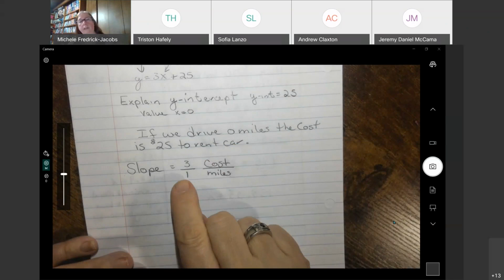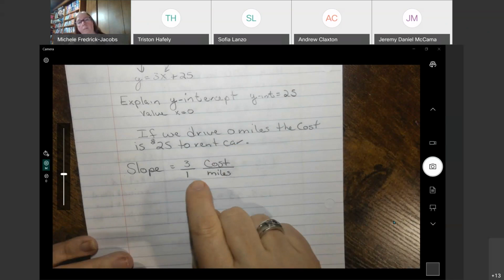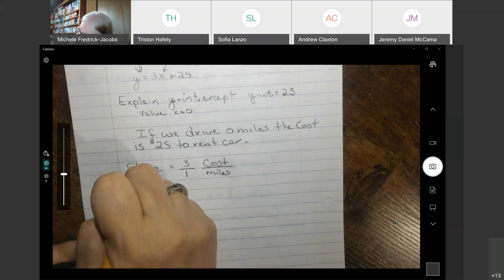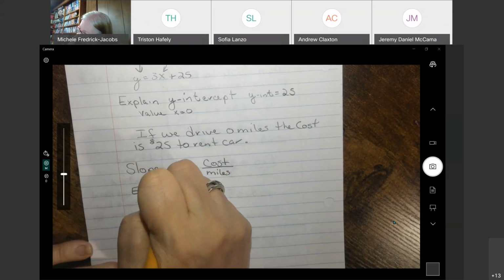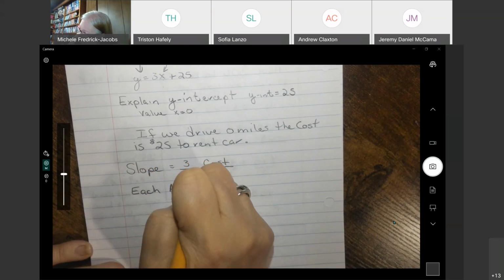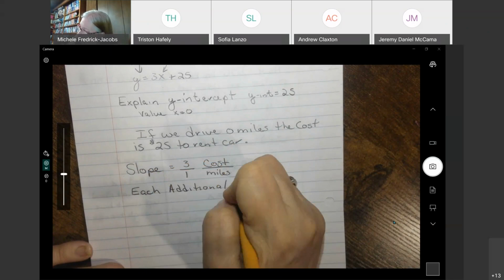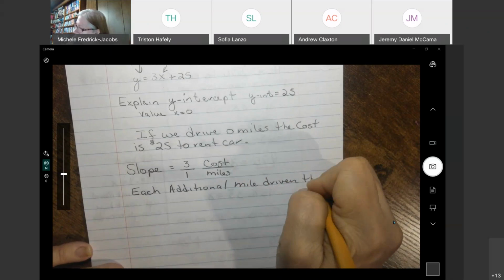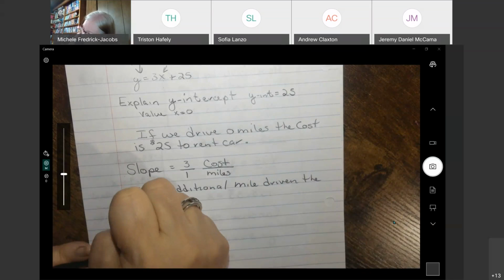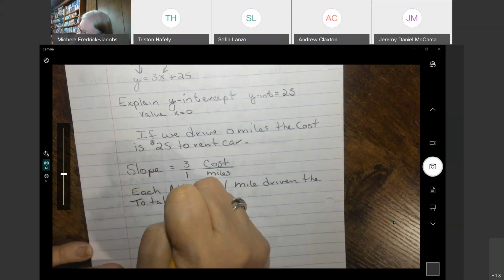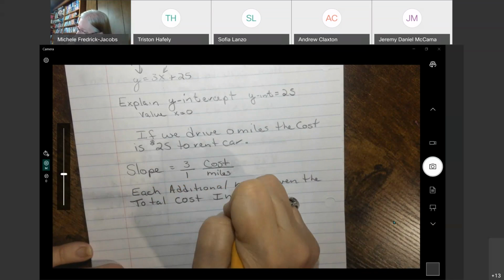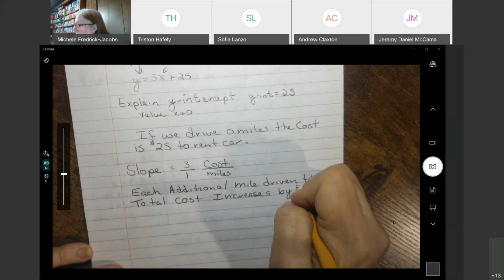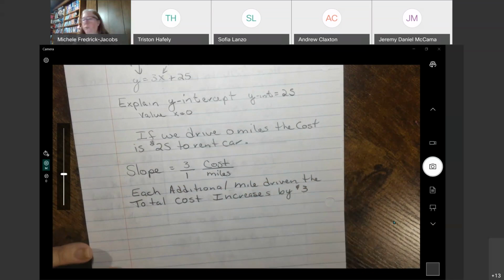So each time we increase by 1 mile, the cost goes up by $3. Each additional mile driven, the total cost increases by $3.